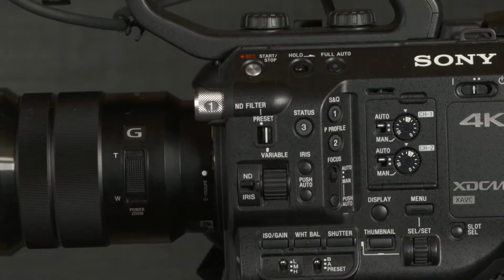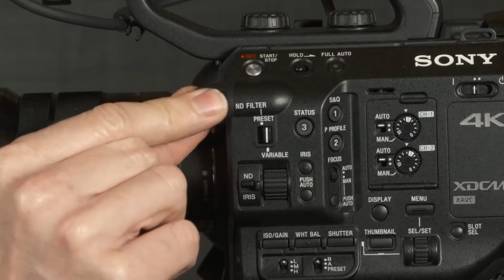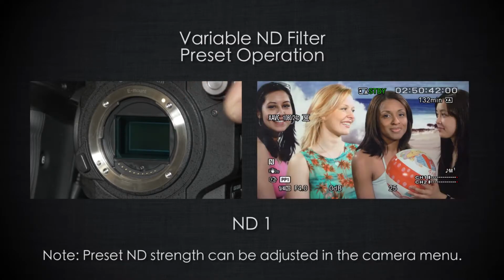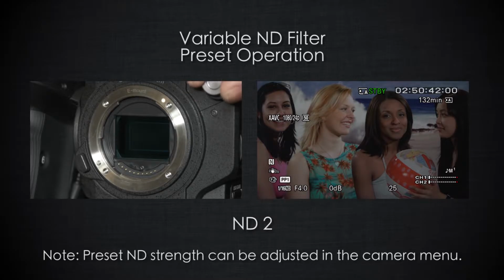So to be able to use the variable ND filter, first of all we have to choose either the 1, 2 or 3 ND position on the filter wheel. When the ND filter switch here is set to preset, the ND filter acts much like any other traditional video camera, in so much as you have 3 positions of ND, each with a varying darkness and a clear position.